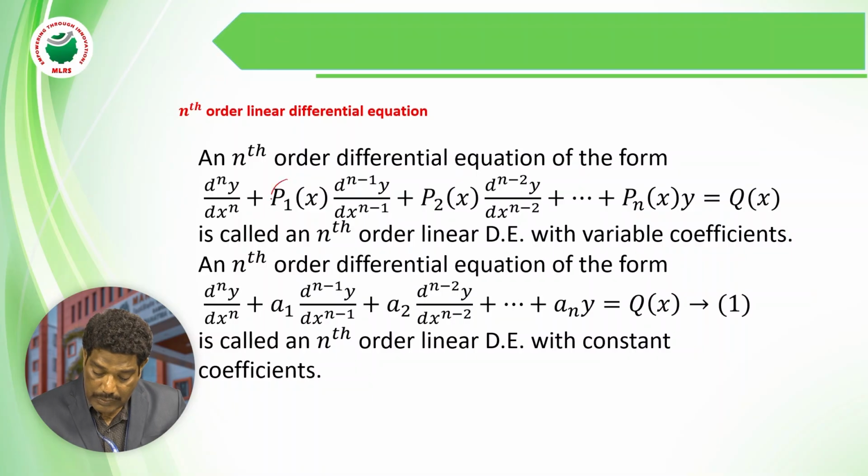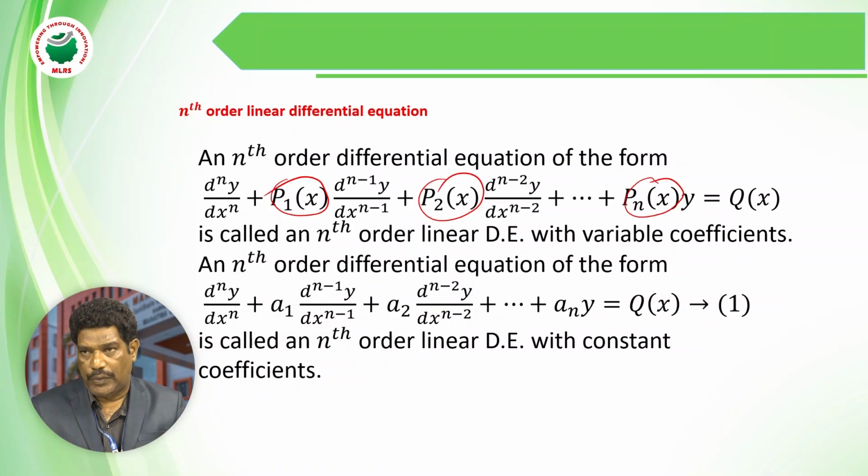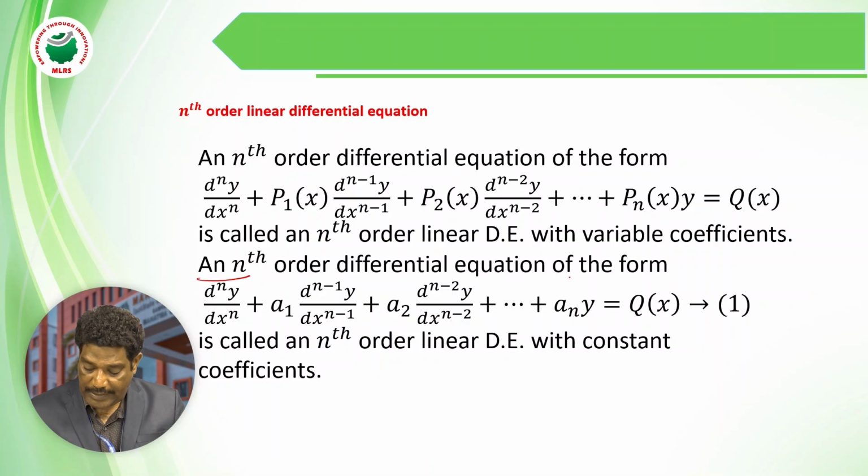If the coefficients p1, p2, p3 are numbers, then we call it with constant coefficients. That means an nth order differential equation of the form d^n y by dx^n plus a1 into d^(n-1) y by dx^(n-1) plus a2 into d^(n-2) y by dx^(n-2) plus so on, plus an into y equals q of x.